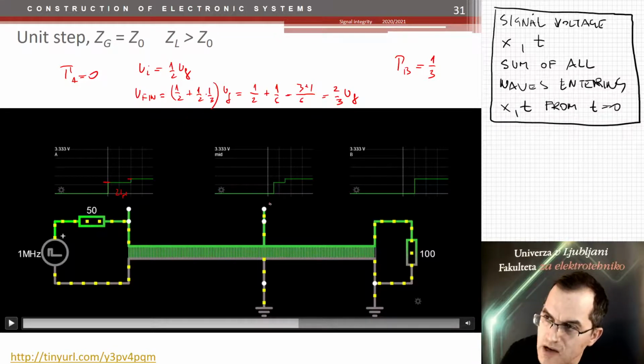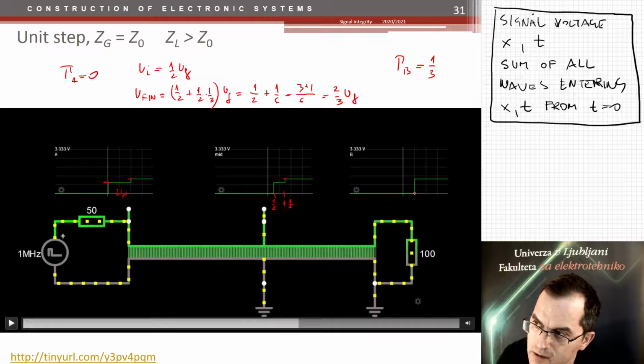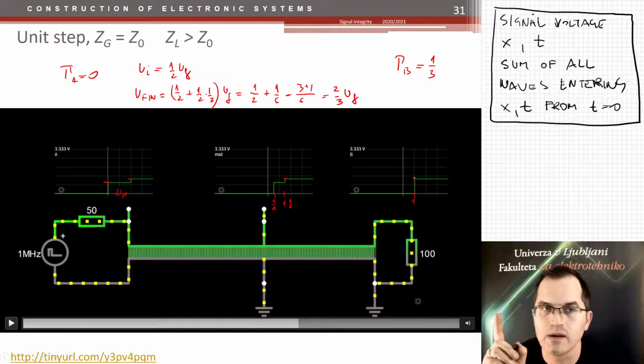You see now here in the middle point, you have half of the TPD to the first wave and then 1 and a half TPD to the final voltage. But what at the end? That's interesting. You don't see any intermediate level. You see just the final level after 1 TPD. Why? Well, think about it. Think about this point up there.